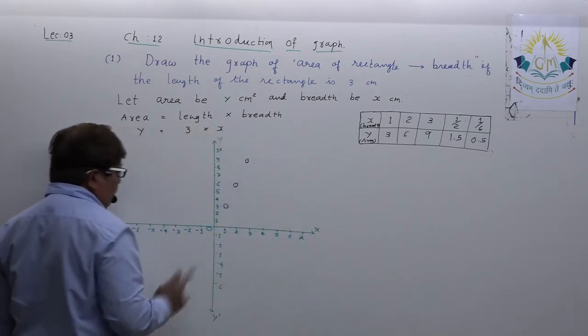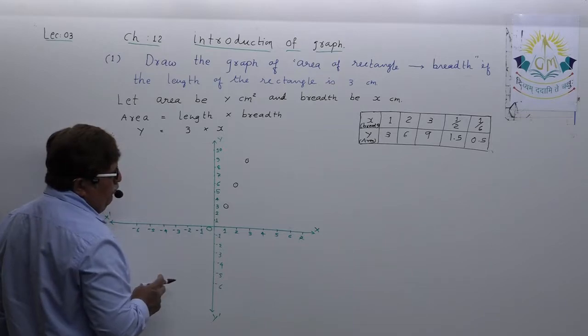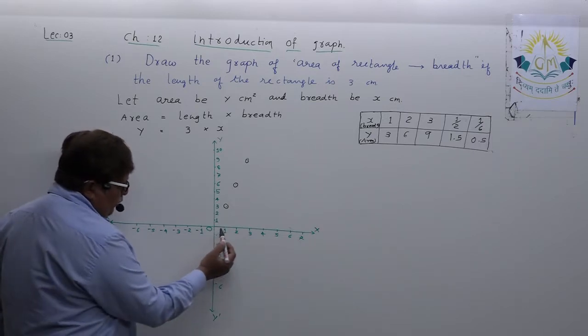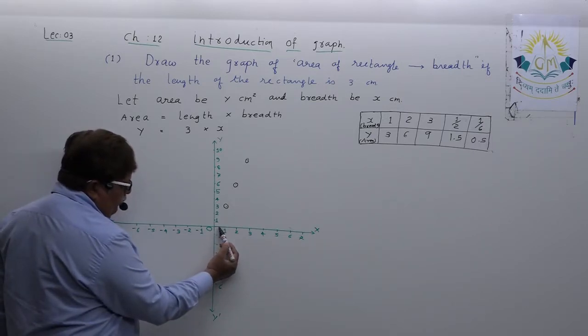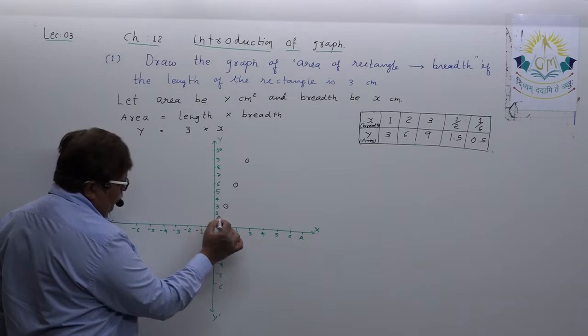Then now dear student, be very conscious. X 1 upon 2, y 1.5. 1 upon 2 means you know, 0.5. Here 0.5 and this is 1.5. The point will appear here.